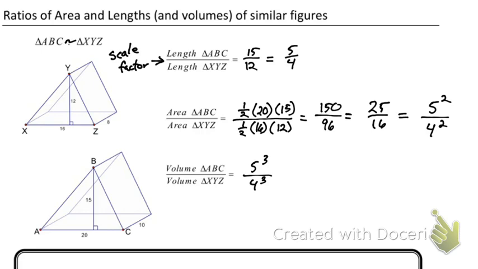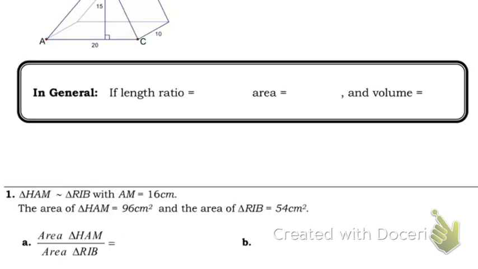So that means for any similar shape, if the length ratio is A over B, your area ratio is going to be A squared over B squared, and your volume ratio is going to be A cubed over B cubed. I'm going to stay on this slide for just real quick.